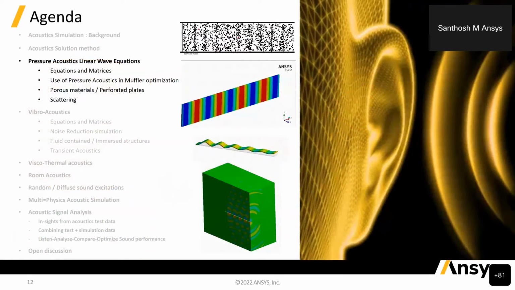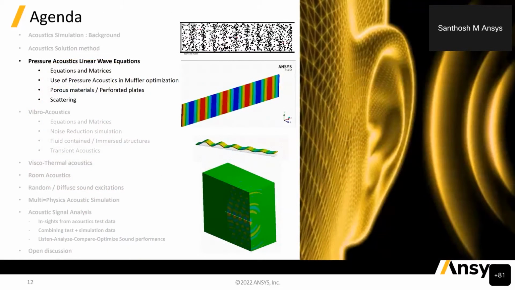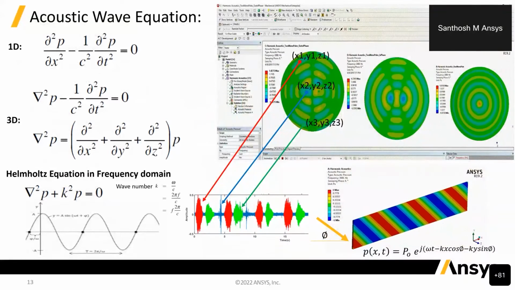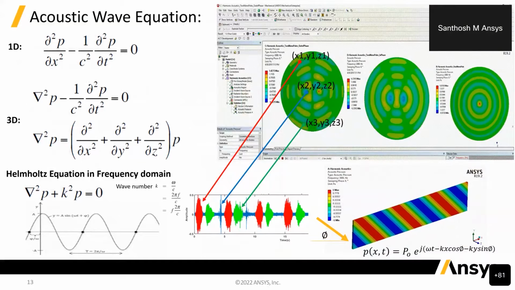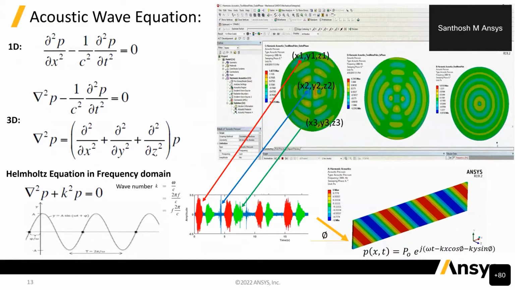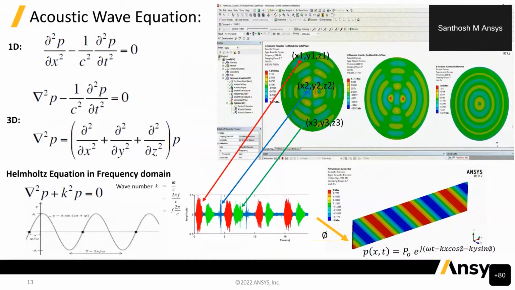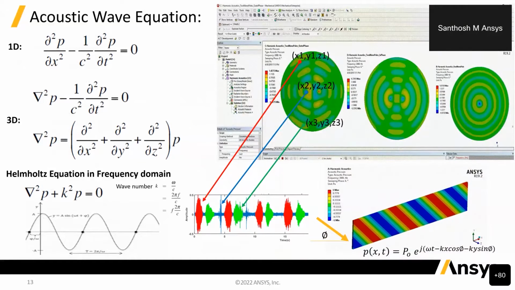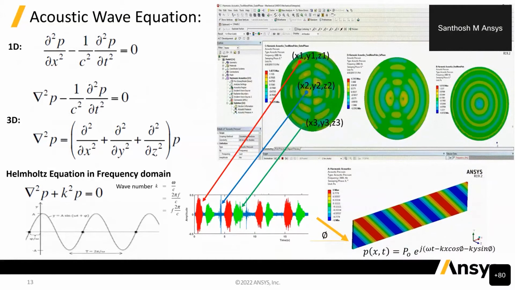Having discussed the solution methods, let's move on to pressure acoustics. When we are talking about a machine, let's assume you have a large shop floor where many different machines are sitting, and you want to study the acoustic experience.